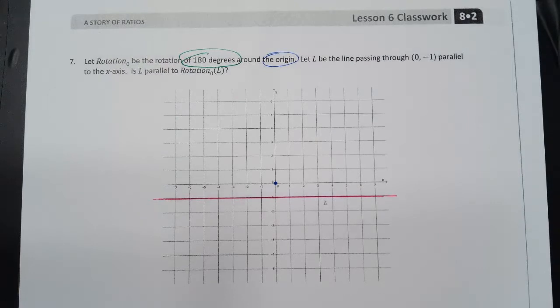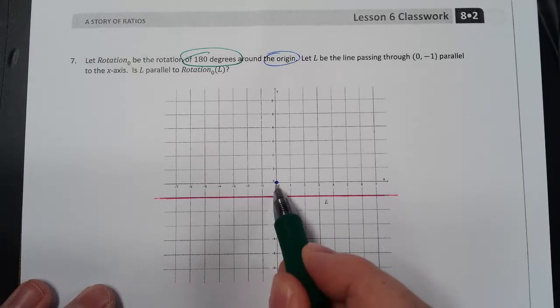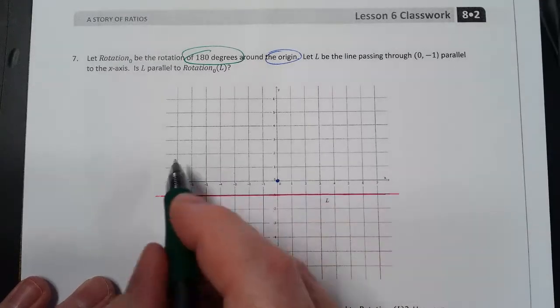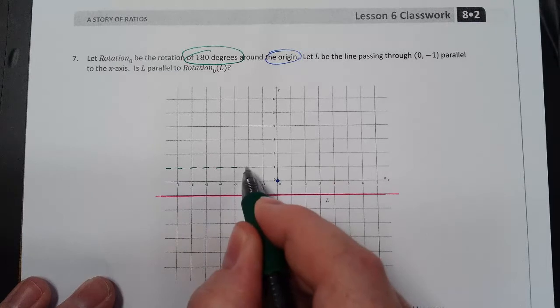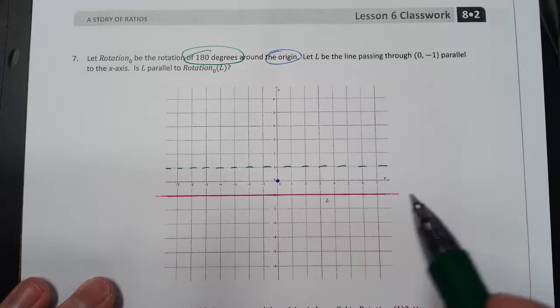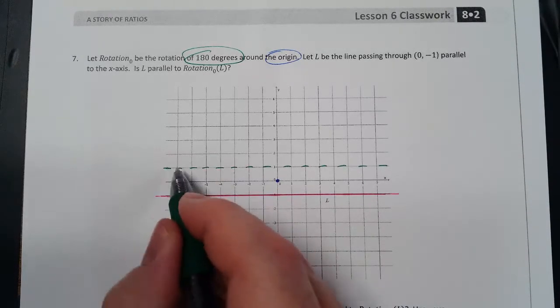If the same pattern continues, then my prediction is this: the original line is one unit away from the origin, so I predict my new one is going to be on the opposite side, also one space away, to make parallel lines. My green dotted line is the prediction.